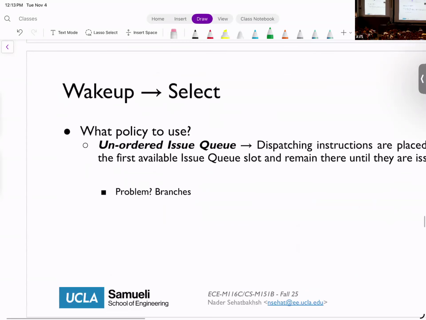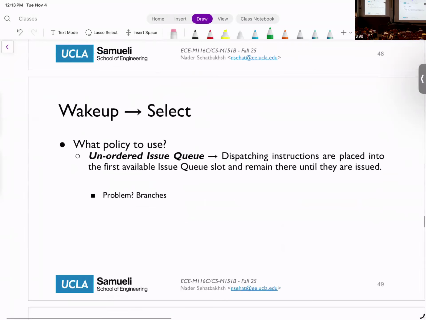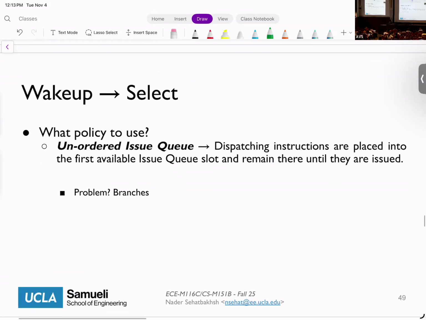Yeah, so usually you can do 2 things. First, you can have your issue queue be an unordered issue queue. That is the thing that we discussed in the example, where I don't care about the sequence of instructions. What I do is scan through the table, find the first available row, and put the instruction there.